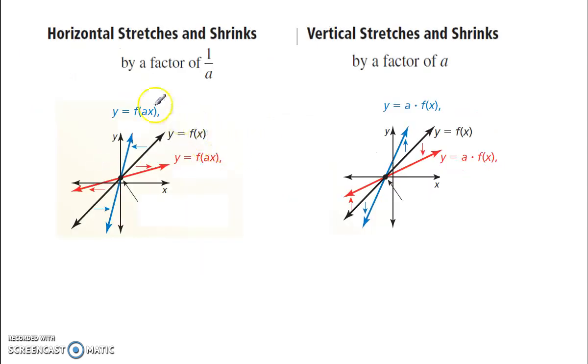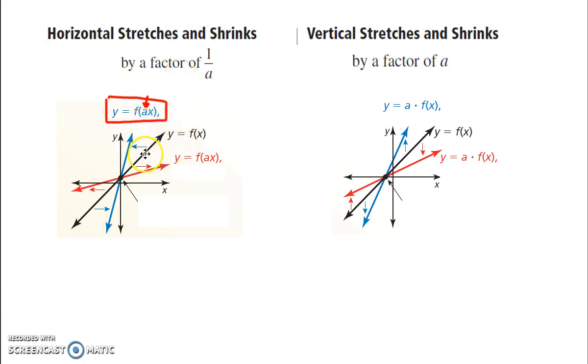On a generic scheme, the horizontal stretches and shrinks: if we have y equals f of ax, we are multiplying by a scale factor of 1 over a. If it's inside the parentheses, remember last time there was also something to pay attention to if the h was inside the parentheses. Now if that a is inside, we're multiplying by a scale factor of 1 over a.